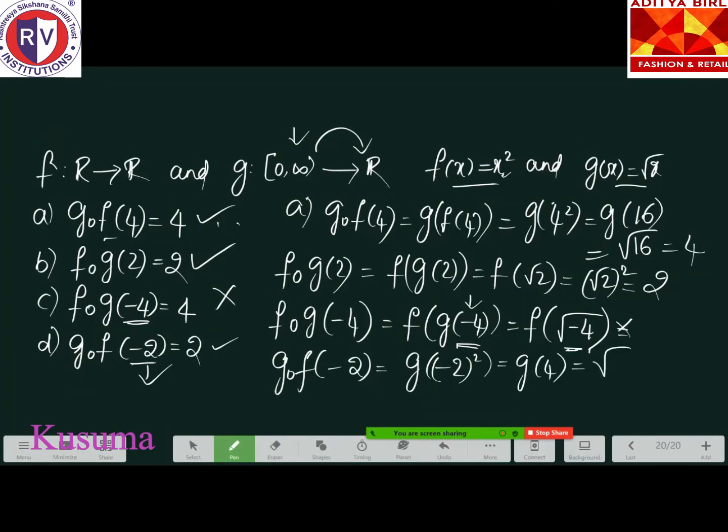G takes the root, so it will be root 4, which is 2. So the last statement will also be true. But the third statement cannot be true because for that particular point, the function does not exist at all, because the domain of G is 0 to infinity. So the wrong statement is the third statement, which is option C.